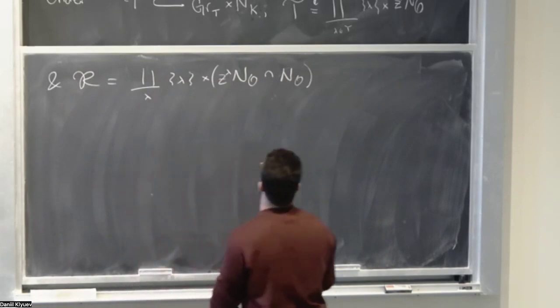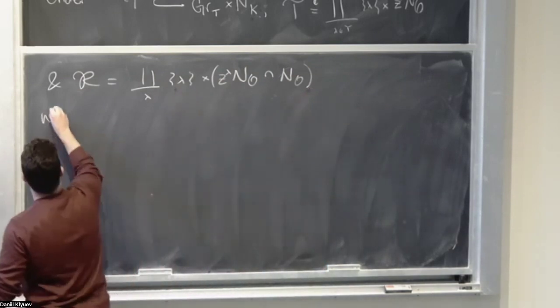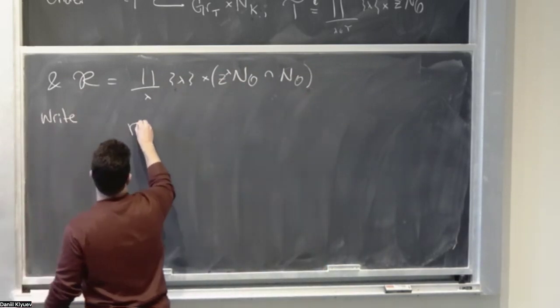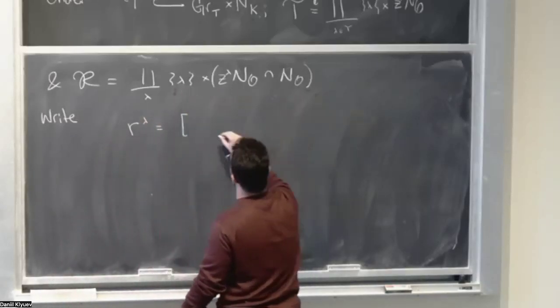These are supposed to be our fundamental classes. We write little r lambda for the fundamental class of one of these things.